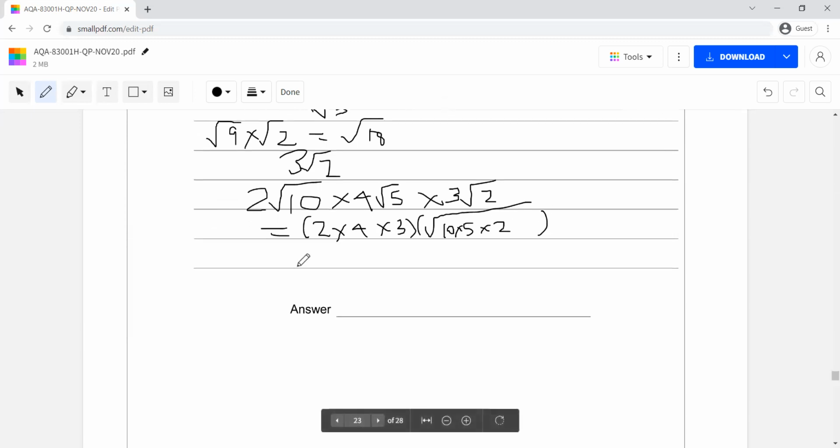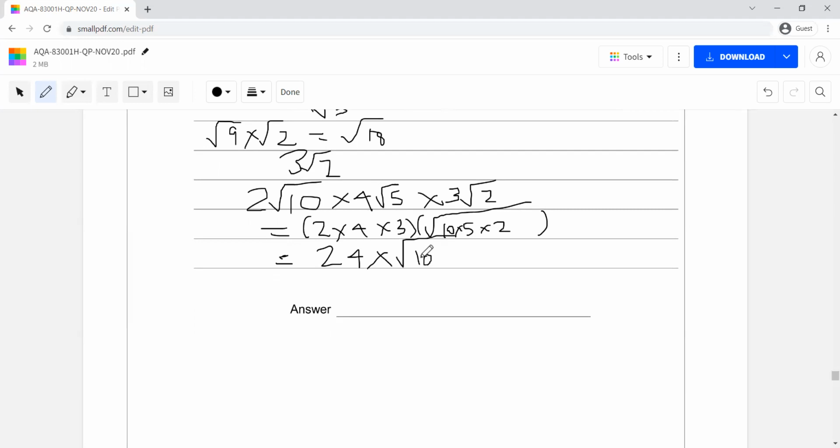Okay. In the left bracket, 2 times 4 times 3 is 24. And in the right bracket, we have the root of 10 times 5 times 2, which is 100. So we do 24 times root 100, which is equal to 24 times 10. So the answer is 240.